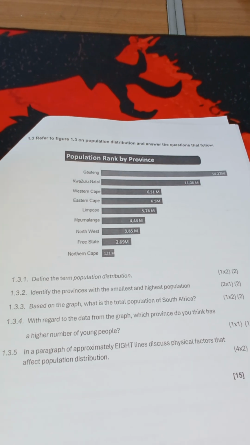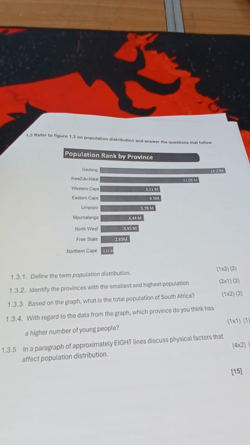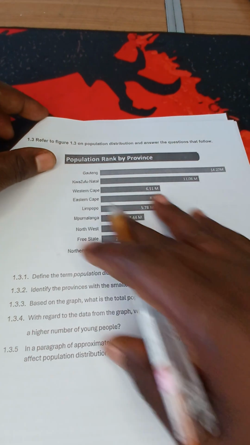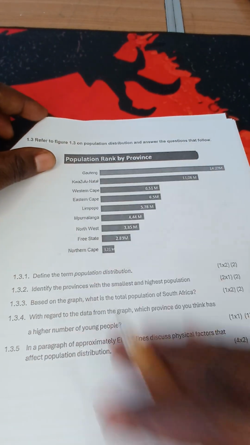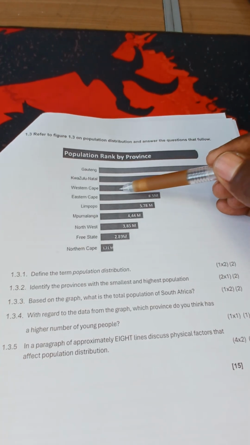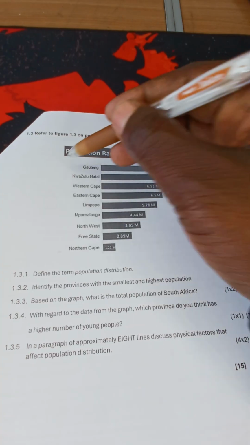I'm going through 1.3 now. Refer to Fig 1.3 on population distribution and answer the questions that follow. Please, this is very important, guys. Population rank by province. You have to know what the population analysis is all about. This is population distribution, but it's showing by province. We've got Gauteng, KZN, Western Cape, Eastern Cape, Limpopo, Mpumalanga, Northwest, Free State, and also Northern Cape.